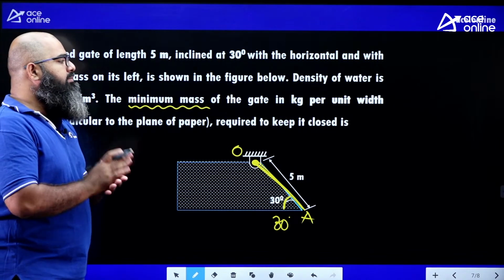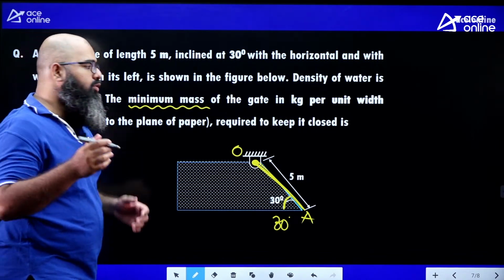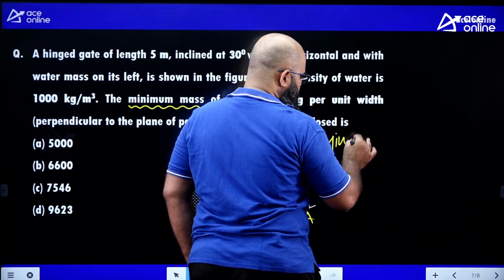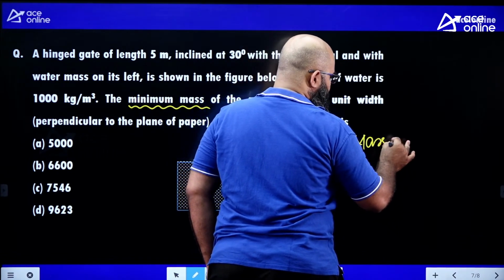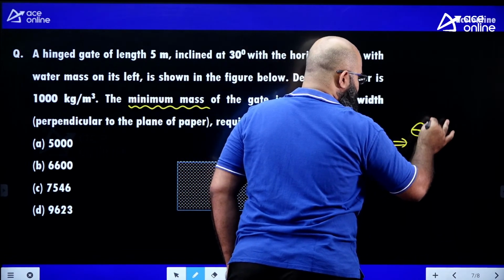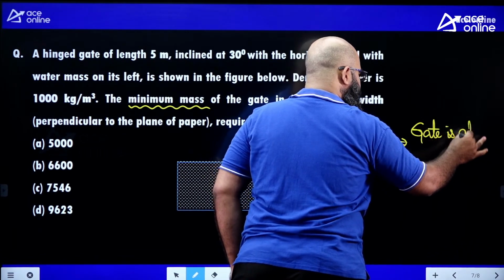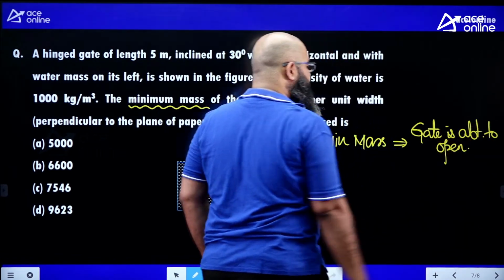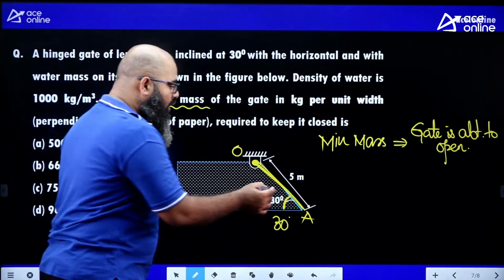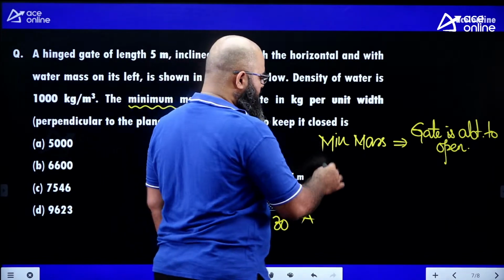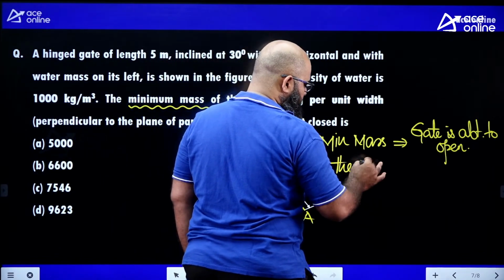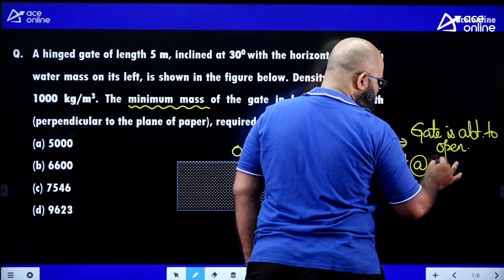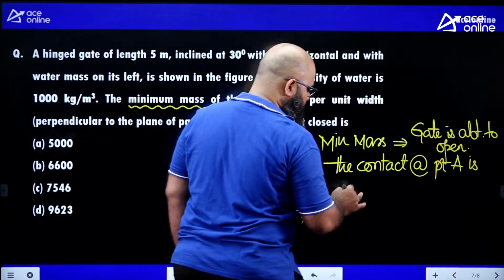Now, if you are looking at minimum mass condition, that means the gate is just about to open. Please understand some points over here. Minimum mass condition, what does it imply? It implies gate is about to open. If the gate is about to open, that means the contact at point A is just lost.